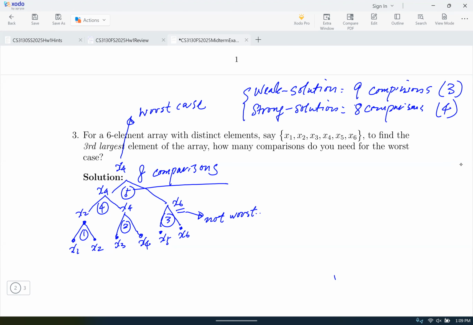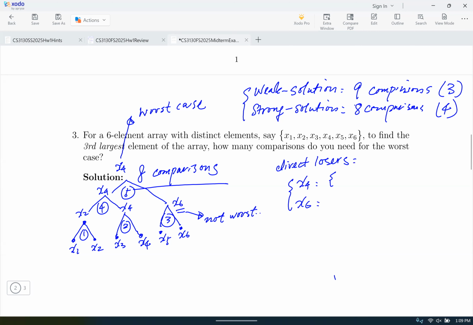Look at the direct losers. So here there is an important concept: look at direct losers. Let's look at these two cases. If X4 is the winner or X6 is the winner, their direct losers are different. X4 is the winner.